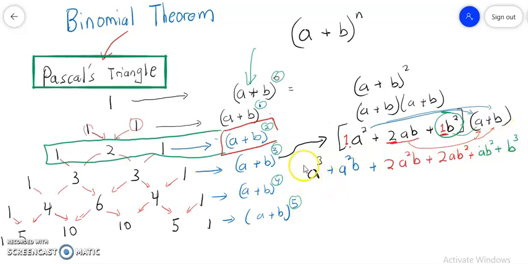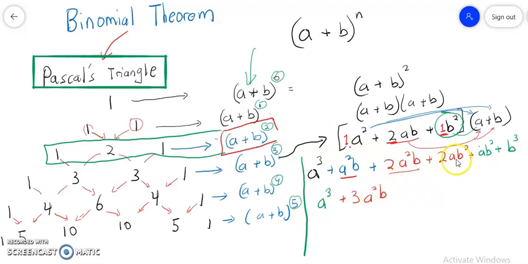Now we simplify this. Let me make a line here. Now we have a cubed. Now we find a squared b. We have 1 and 2, which leads to 3a squared b.